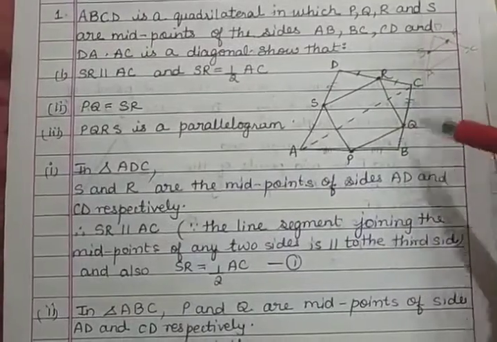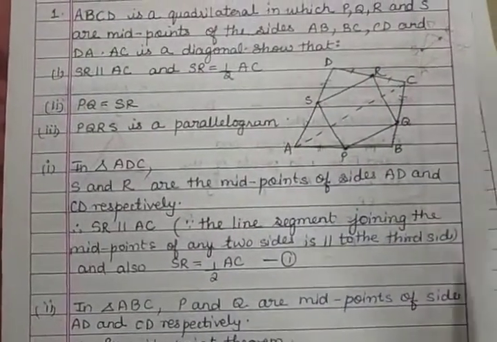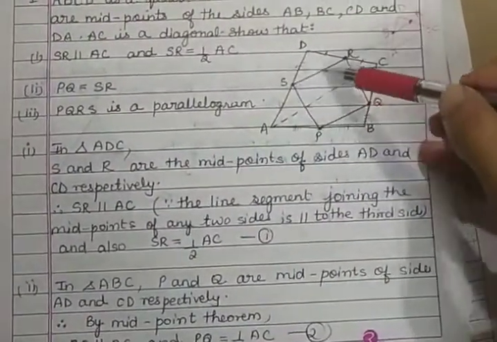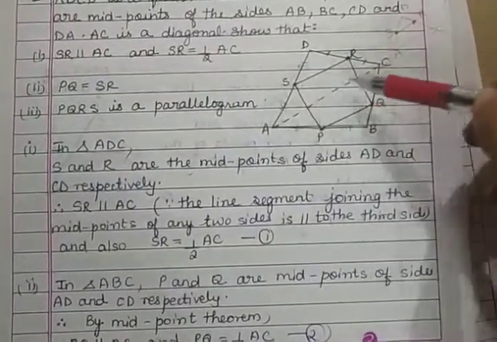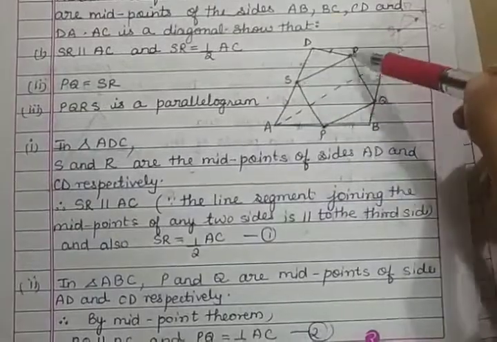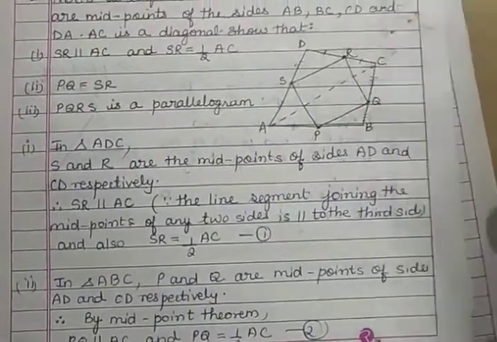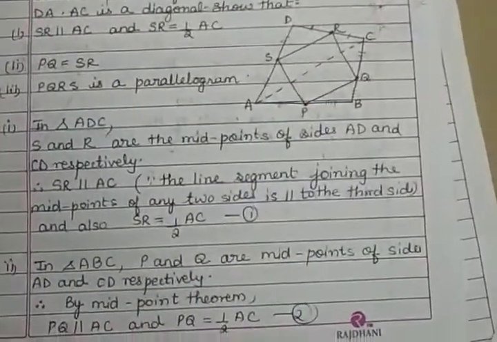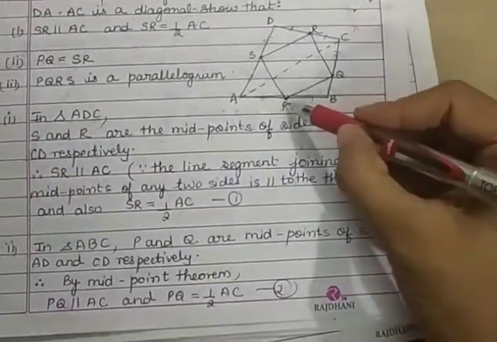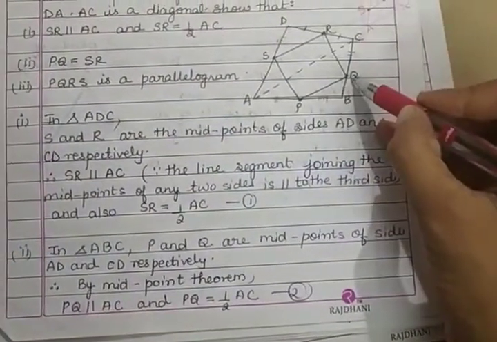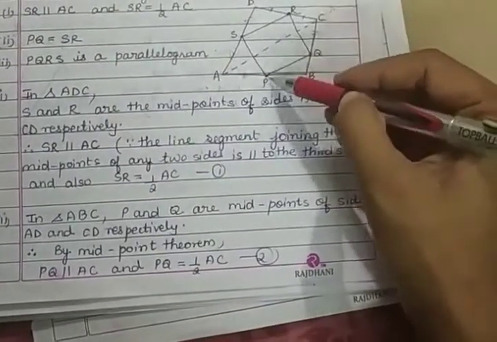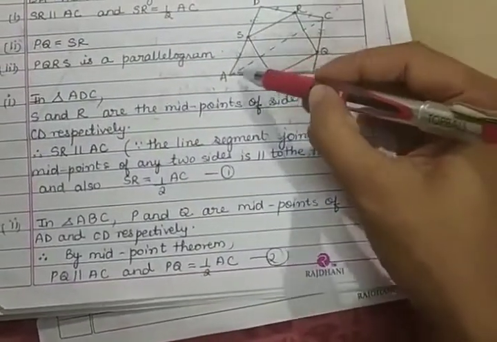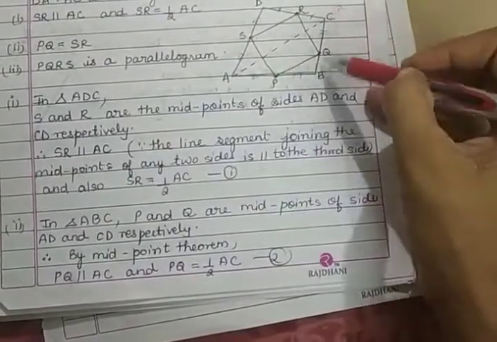What is the reason? Because of the midpoint theorem, which says the line segment joining the midpoints of two sides is parallel to the third side, and SR is half of AC. Now let us see the second one. You have to show that PQ is equal to SR. To do this, let us take the triangle ABC.